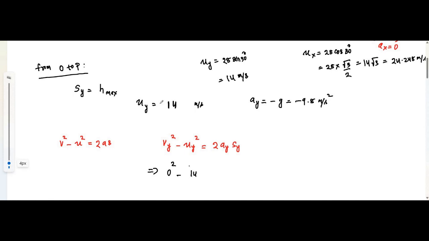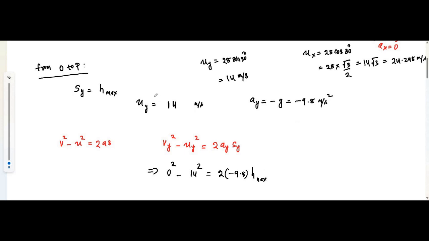So here 0 square minus 14 square is equal to 2 into minus 9.8, because ay is equal to minus g, into sy, which is equal to h max, the maximum height.